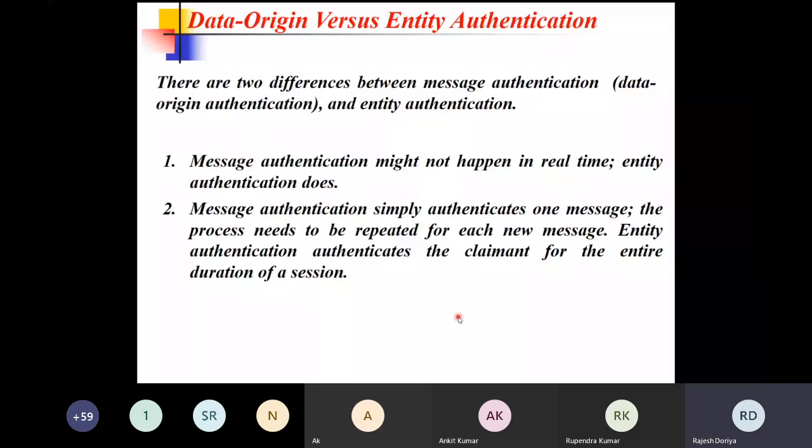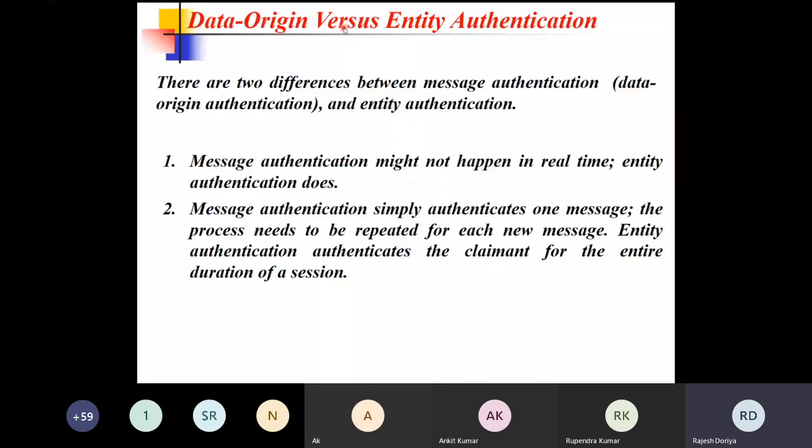In the earlier classes, when we were discussing the message modification code and message authentication code, those were examples of data origin authentication. And now in this class, we are studying entity authentication. What is the difference between these two?